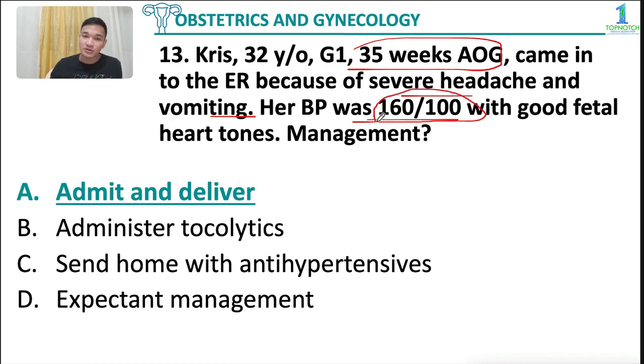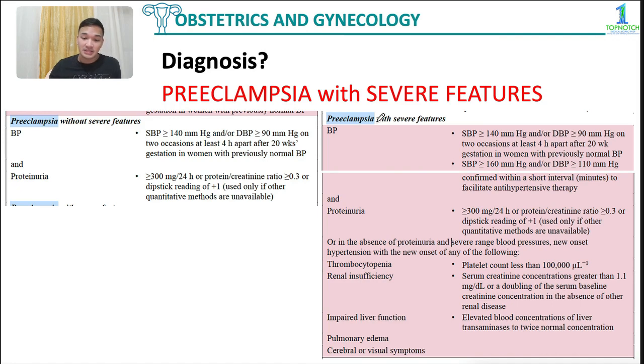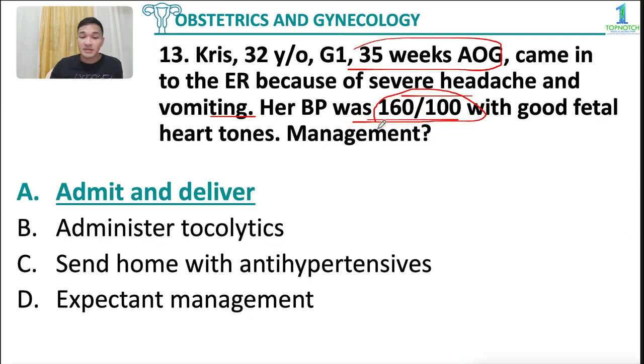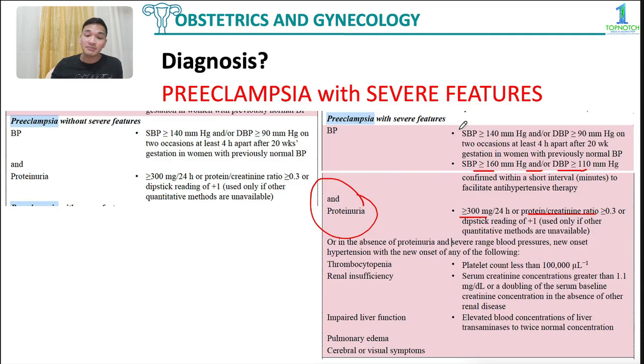Dapat is BP of 160/100 plus sinabi na may proteinuria kasi yung SBP more than equal 160 and or DBP more than equal 100, that is preeclampsia with severe features. Pero dapat may proteinuria which is more than equal 300 per 24 hours or protein crea ratio of more than equal 0.3. Okay? So on the basis of the BP, kaya natin nasabi siya na preeclampsia with severe features.